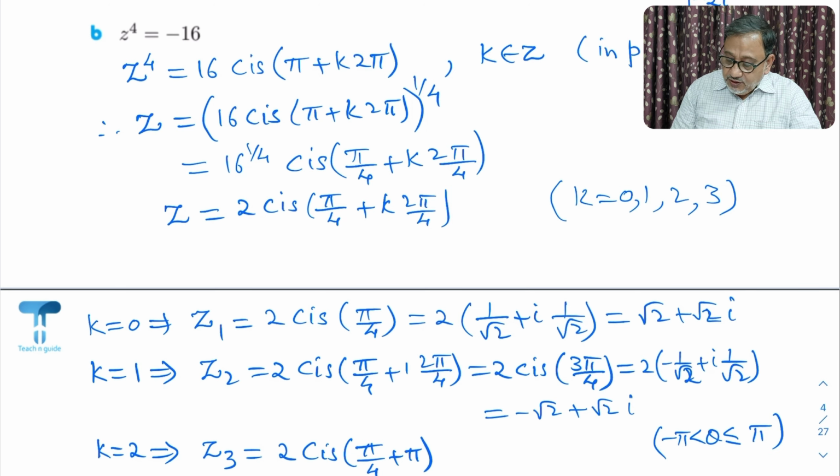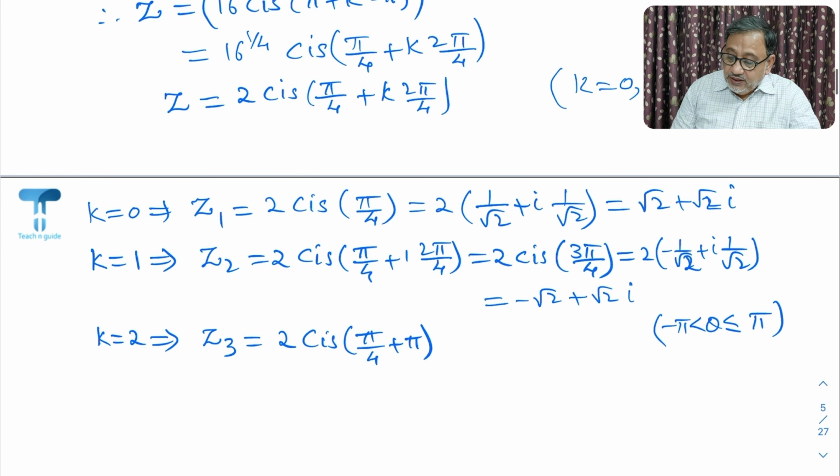So therefore it is in the third quadrant now, and in the third quadrant what do we write? We write π/4 minus π, because I am coming from the negative side.